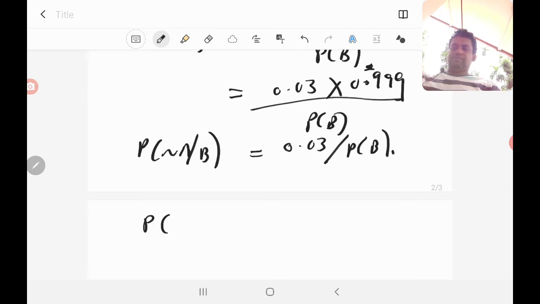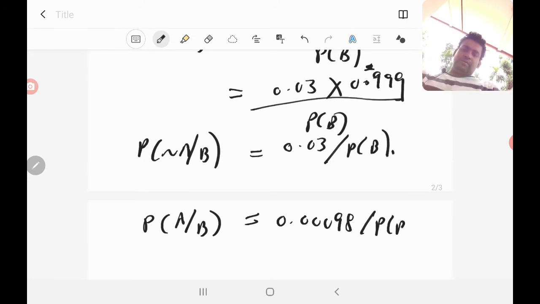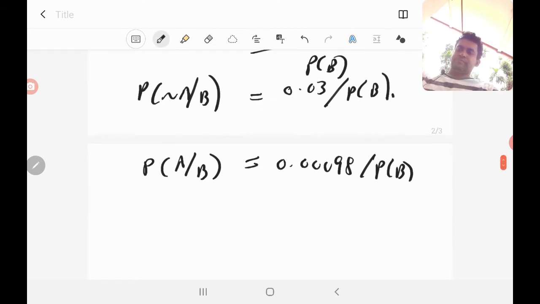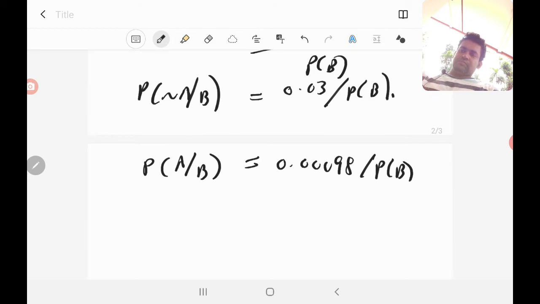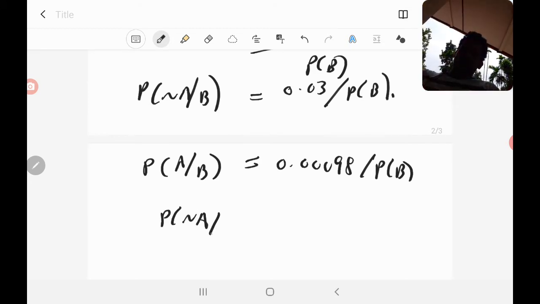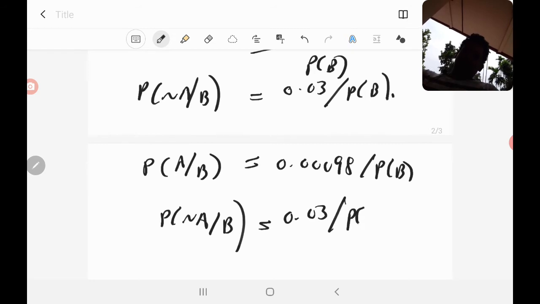So PA given B is 0.00098 divided by PB, and P not A given B is 0.03 divided by PB.